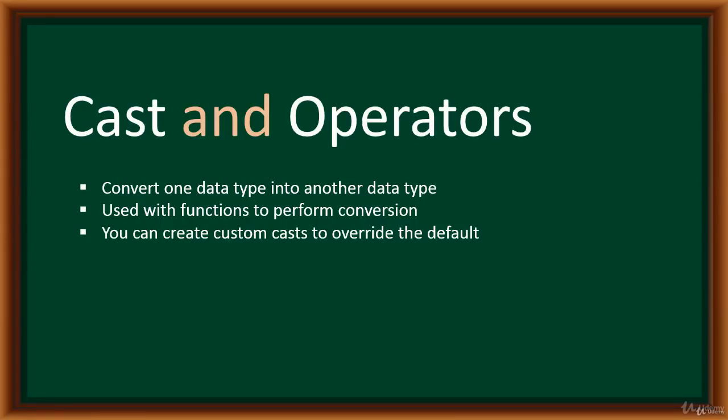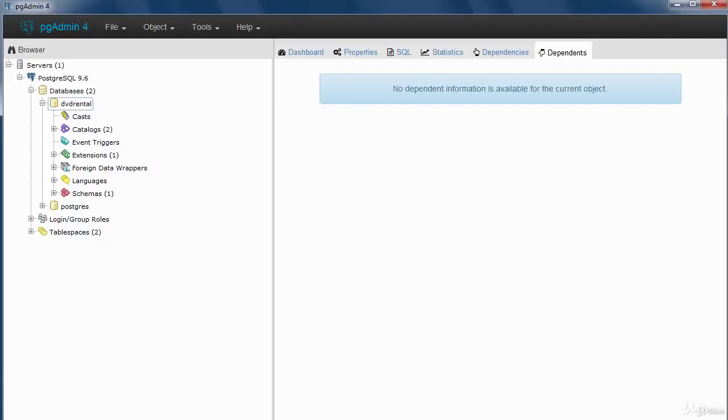Operators in Postgres are basically symbolic functions. So Postgres allows you to define custom operators. Looking at our sample database, we have an option for casts. As you can see, there is none at the moment, so no cast has been created. So if we had created a cast, this is where it would be.